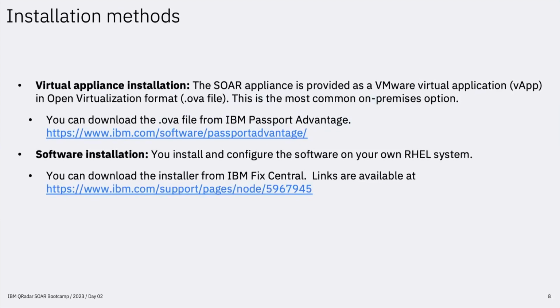It's an image, which is most commonly used on on-prem option. You can download this file from the IBM Passport Advantage website. On the other hand, for software installation, you need to install and configure the software on your own RHEL system, which is Red Hat Enterprise Linux system. Both the links are available on the screen.